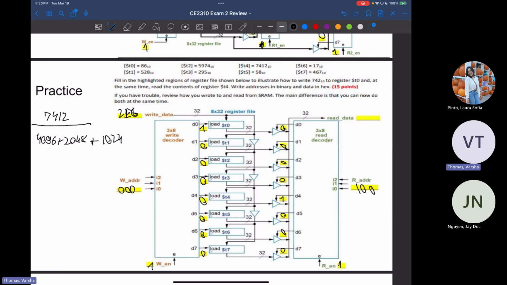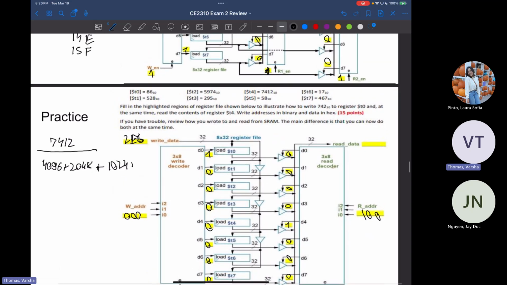That's too much, so not 256, plus 128 plus 64 plus 32 plus 16 plus 4. Yes, that equals 7,412.